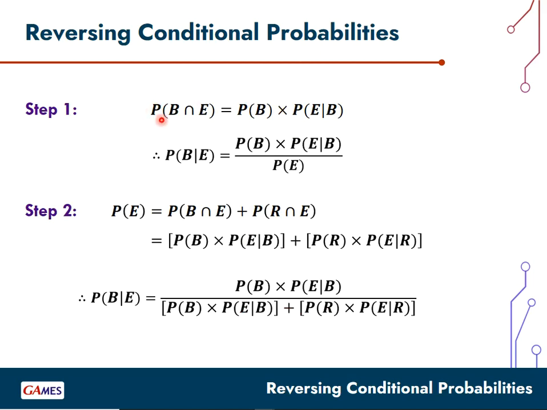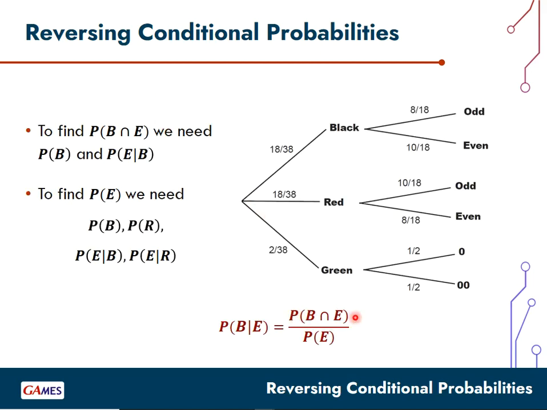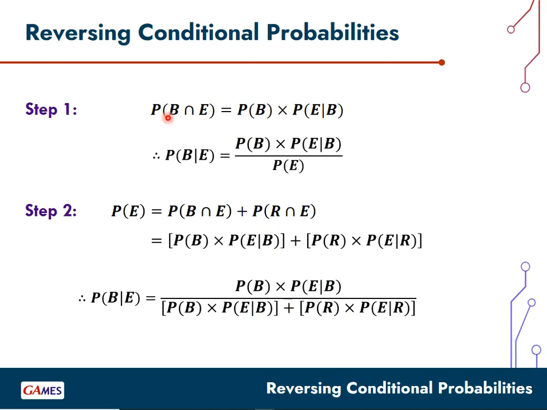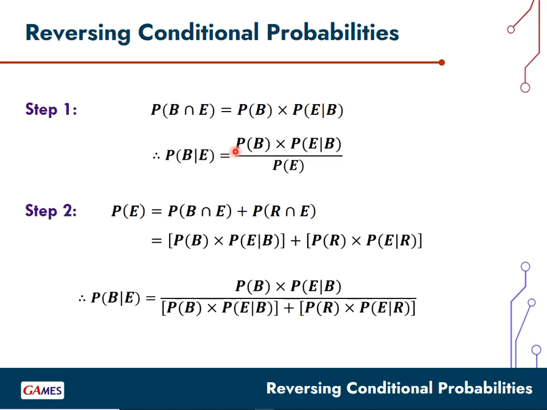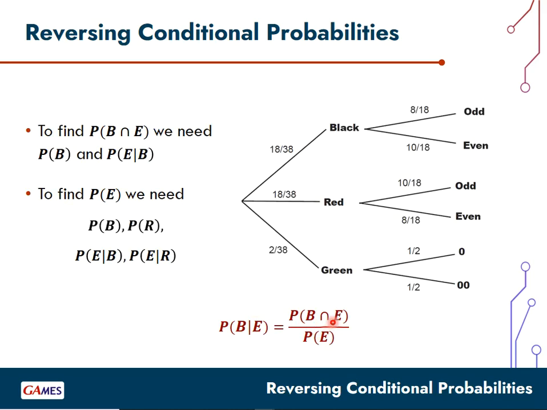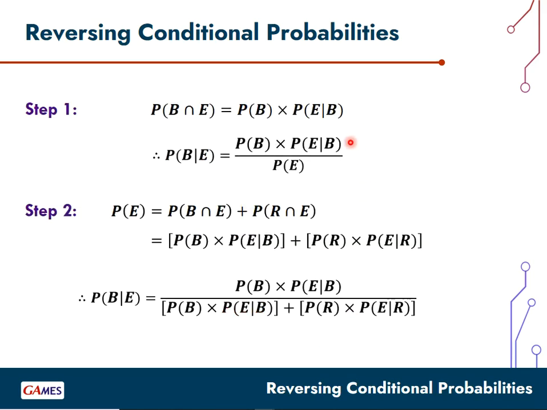So the first thing is, we'll start with the numerator, right? So this numerator is simply probability of B intersect E, which is probability of B multiplied by probability of E given B, which means the probability of this B multiplied by the probability of this conditional probability here, E given B. Then we put that in place of this probability of B intersect E. We put this in place of that.